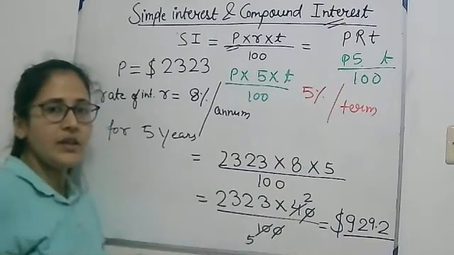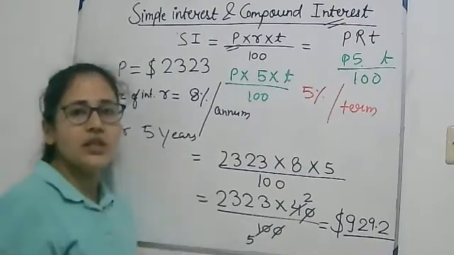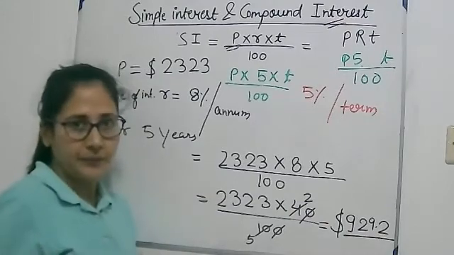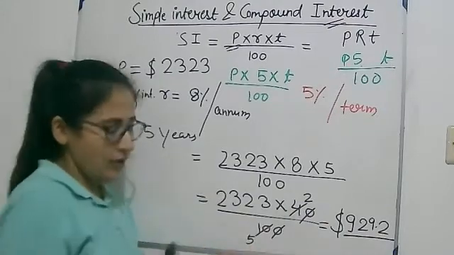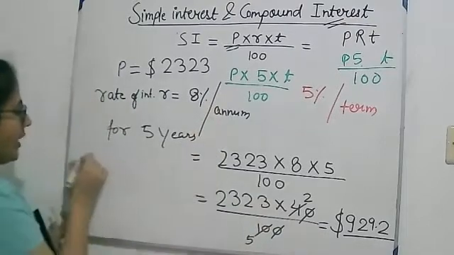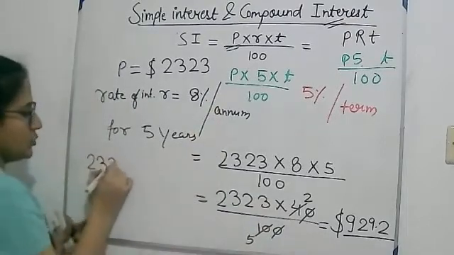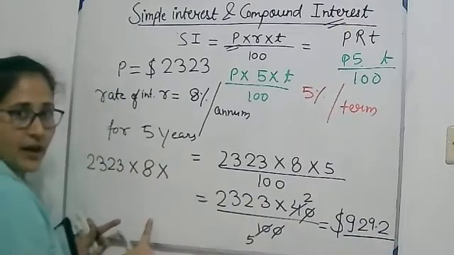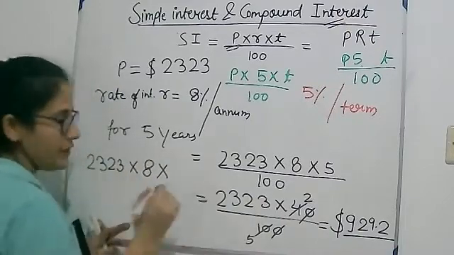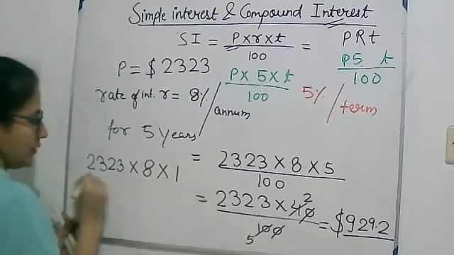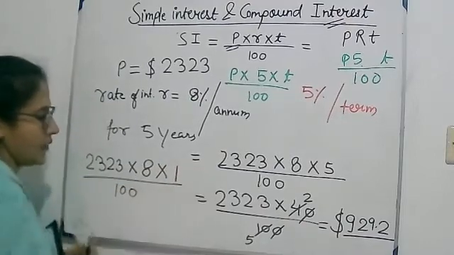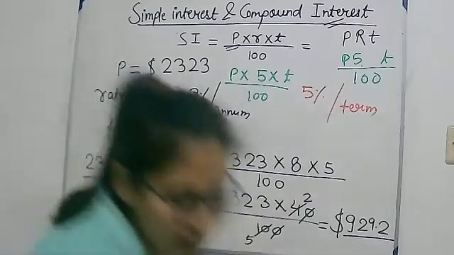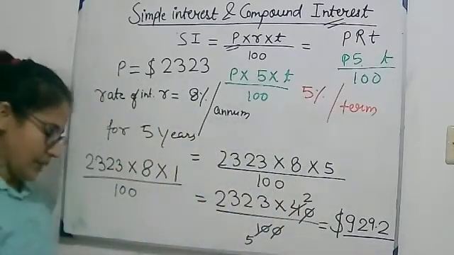In simple interest, the interest for each year is always the same. You can do P, which is 2323, times 8. If we are finding simple interest for the first year, the value of T is 1 here, over 100. Use your calculator to find the value of simple interest.